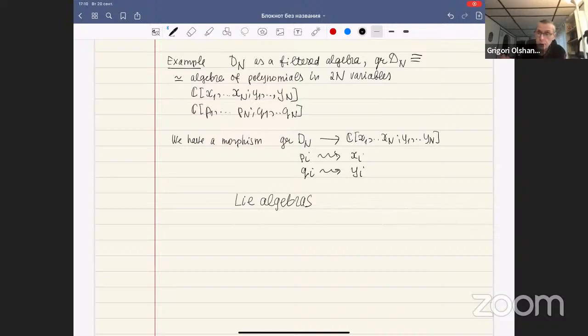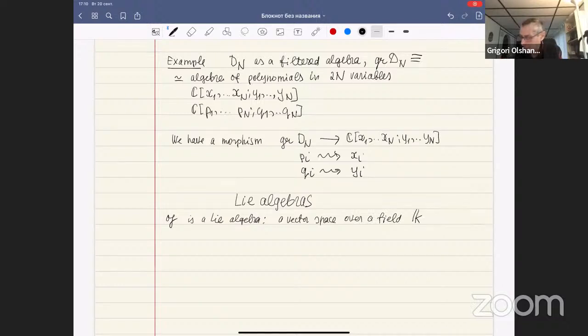The formal definition, let me recall it, is a Lie algebra G. I will use the Gothic letters. So it is the Lie algebra, which means it is a vector space over a field.